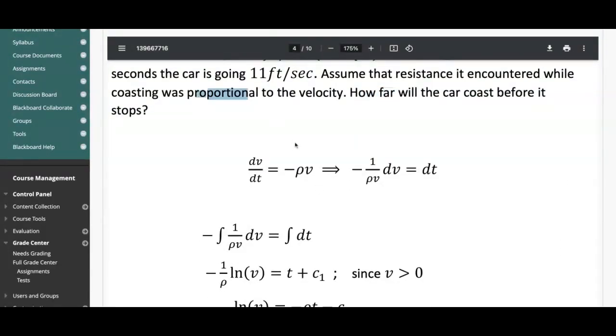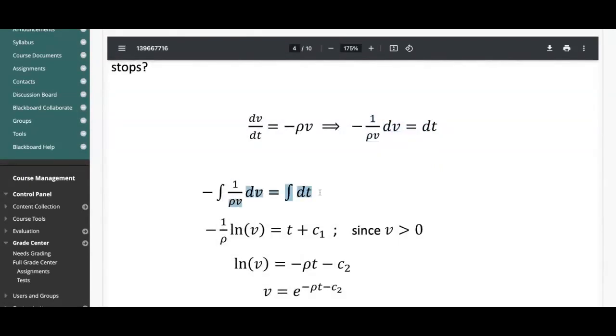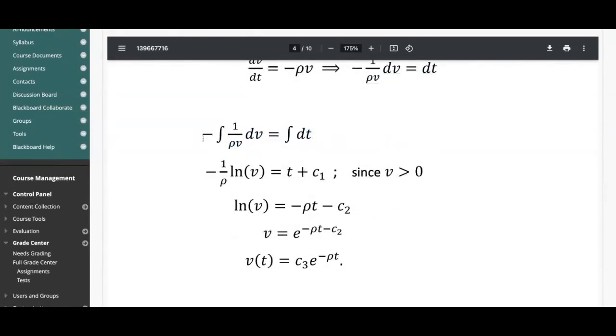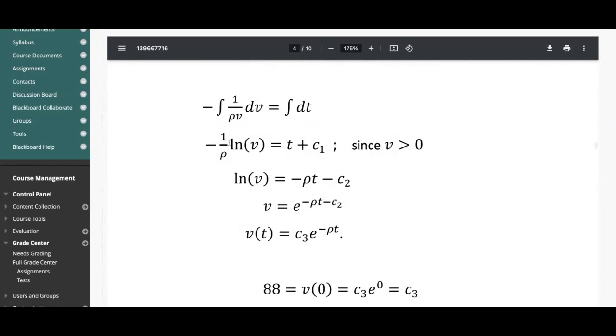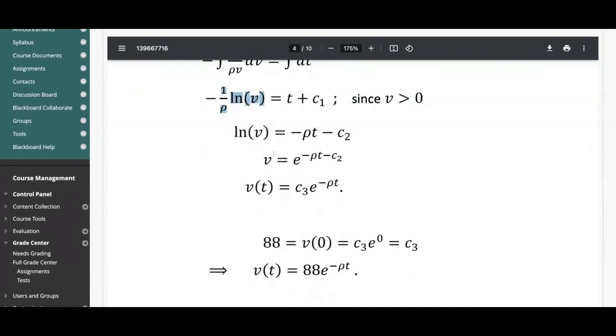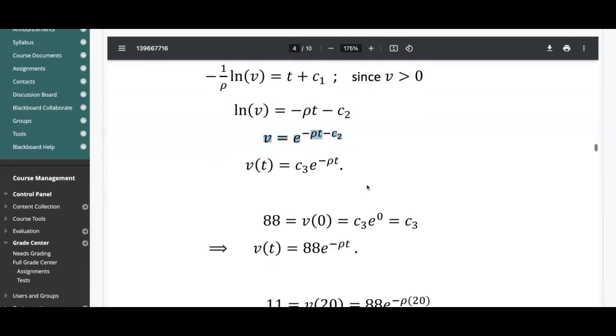Proportional, so we use dv dt equals negative rho v. Separate variables, integrate both sides, pulling the negative sign before the integration. Get this, then simplify the equation and rewrite the log equation as an exponential equation.